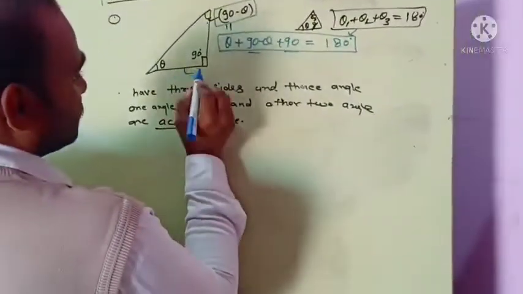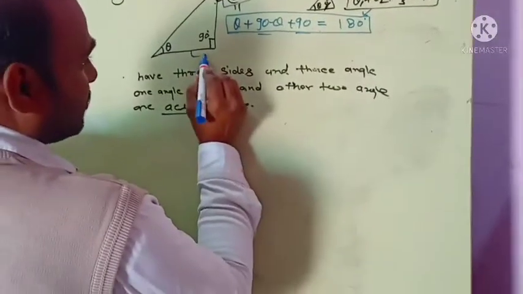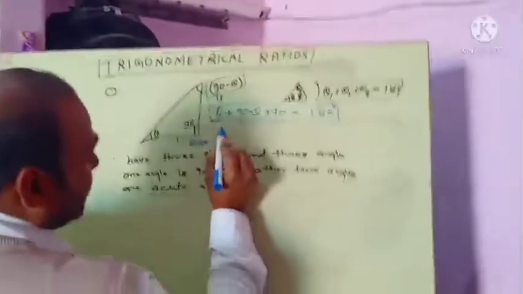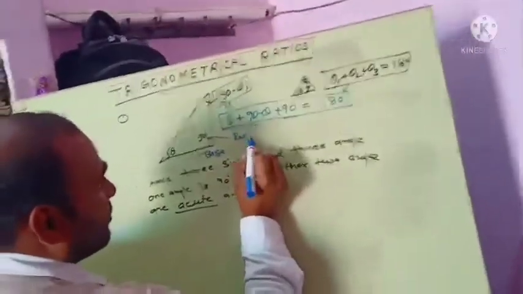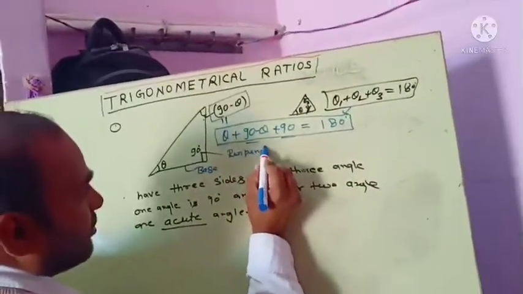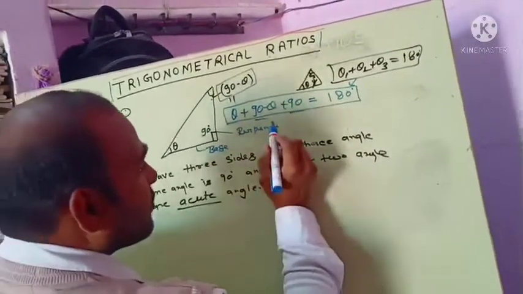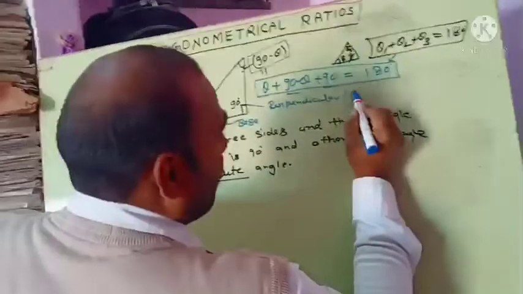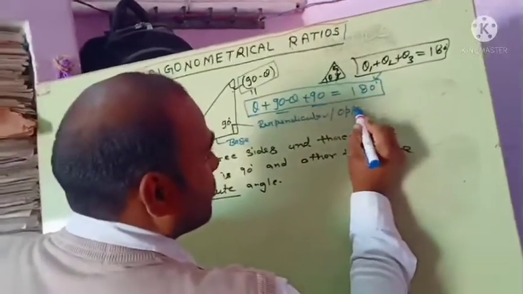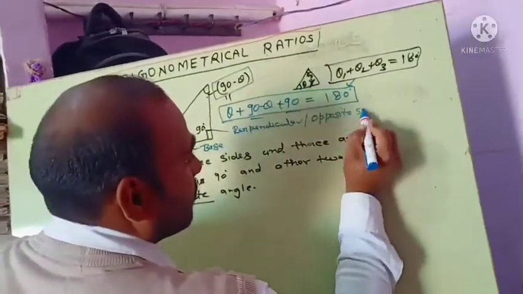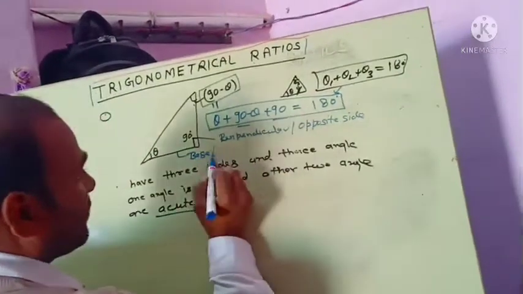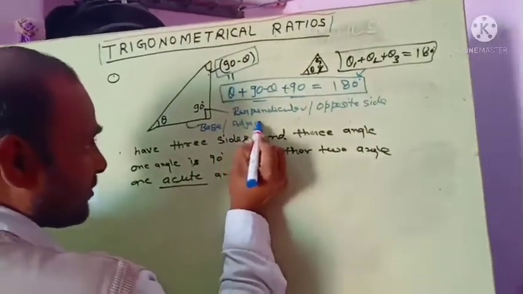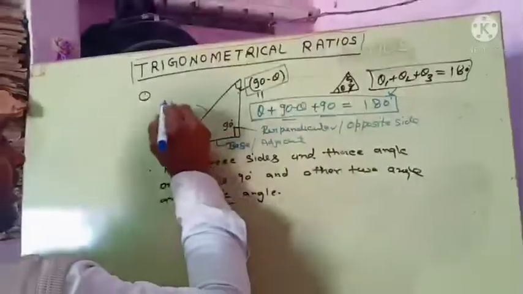This is called the base, this is called the perpendicular, which is the opposite side, same as base is the adjacent, and this is the hypotenuse.